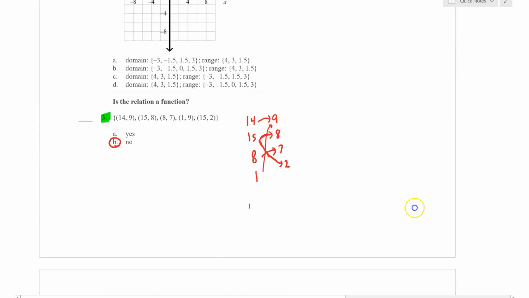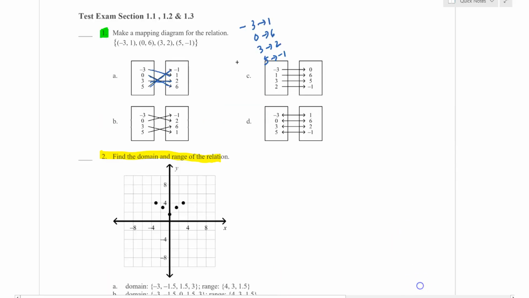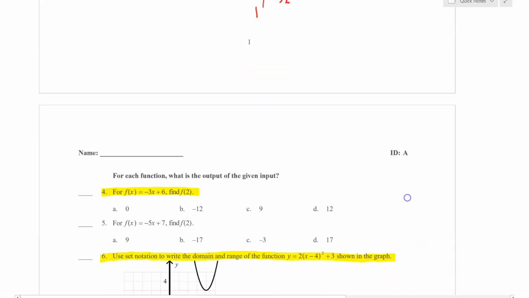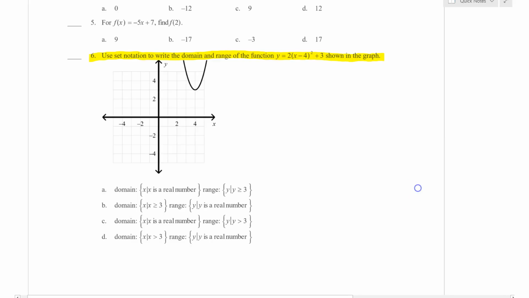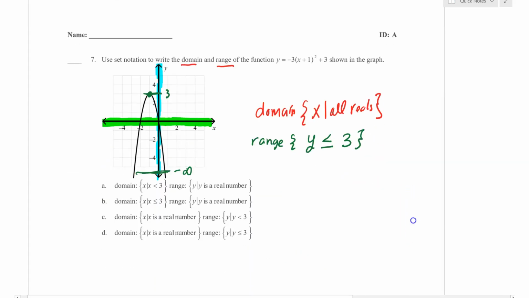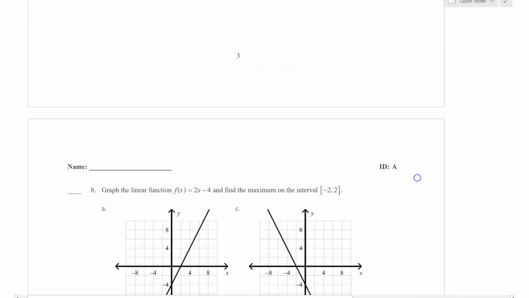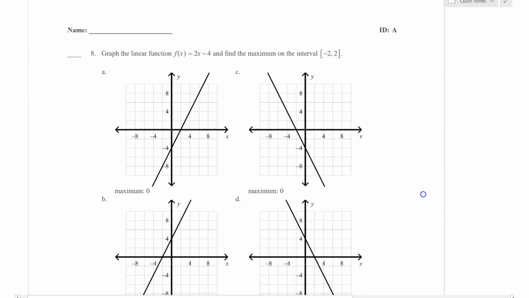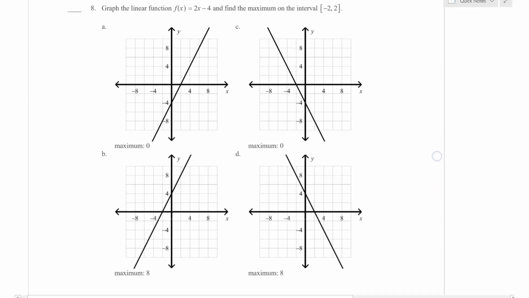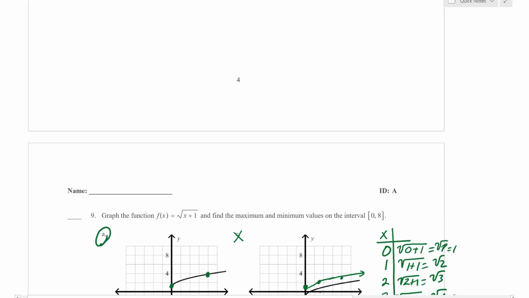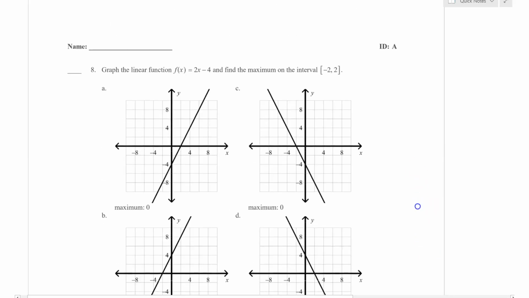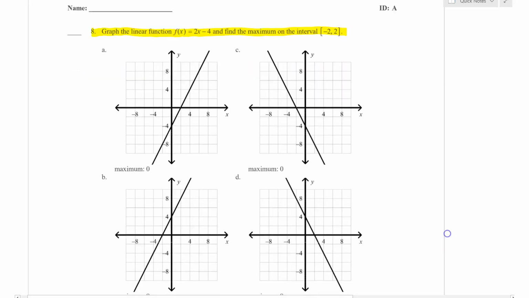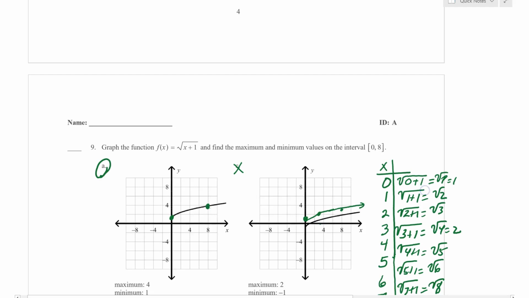So once again, you're going to do number 2, 4, 6, 8. So I skipped over 8. I did 9.